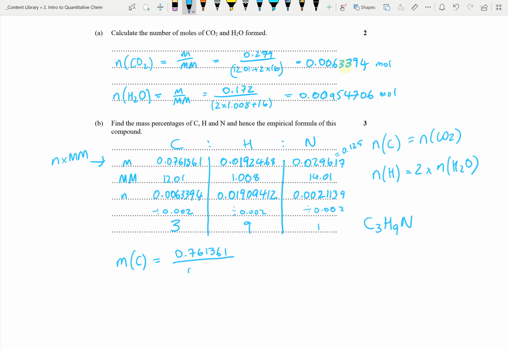So the mass of carbon is 0.0761361, and that makes up some percentage of the total: 0.0761361 divided by 0.125 times 100, which gives me 60.9%.